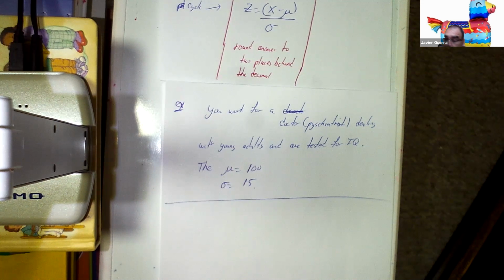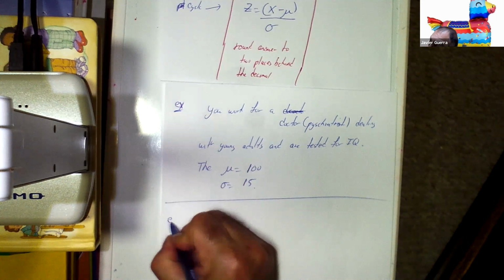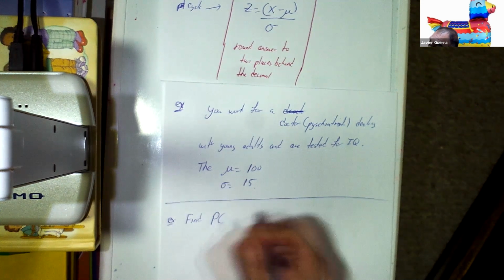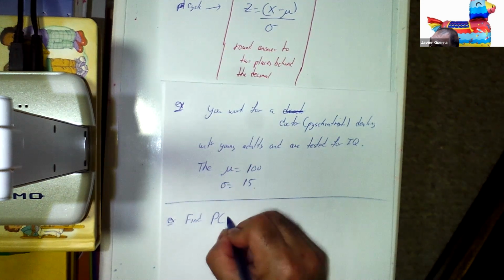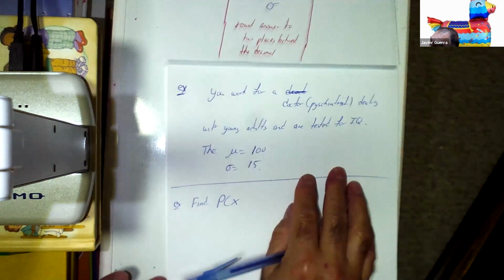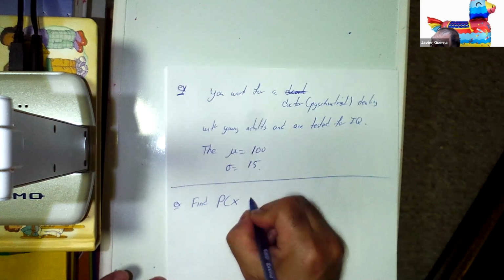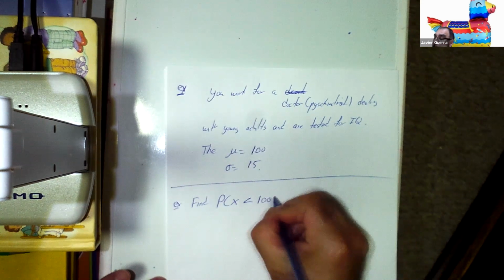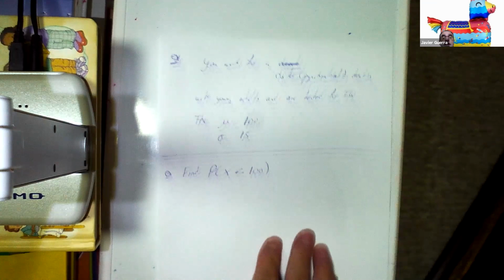Right. So the first question says, find the probability that the IQ scores of this group have IQs less than 100. Okay, less than 100.